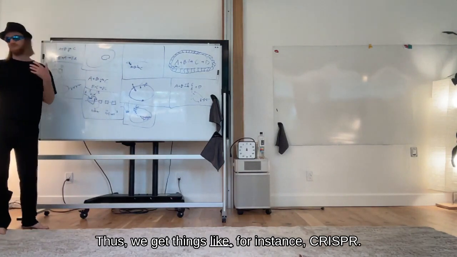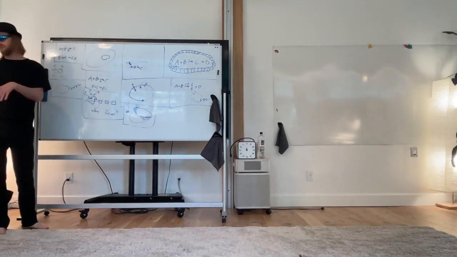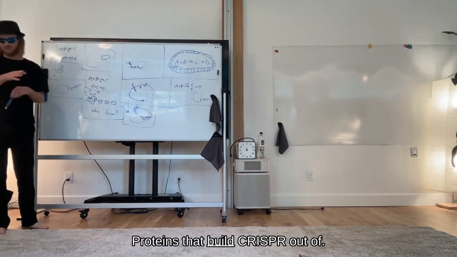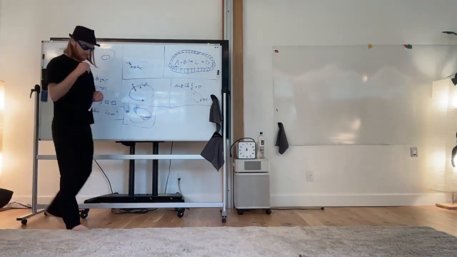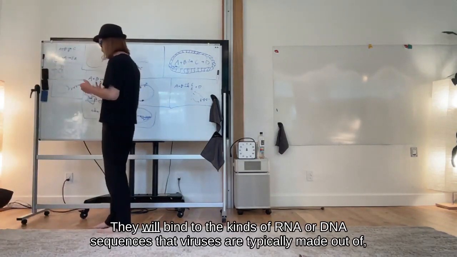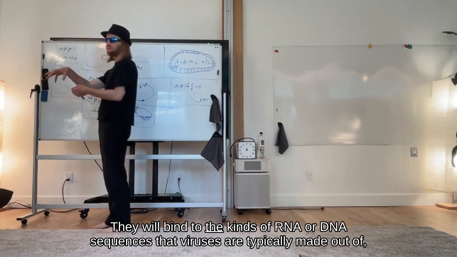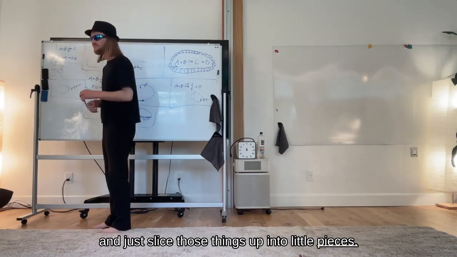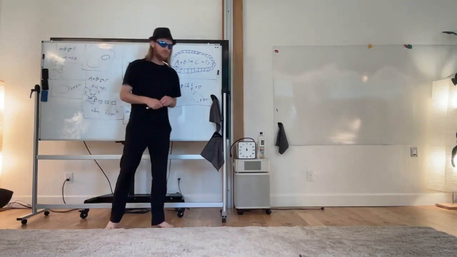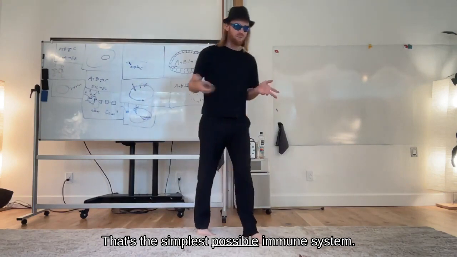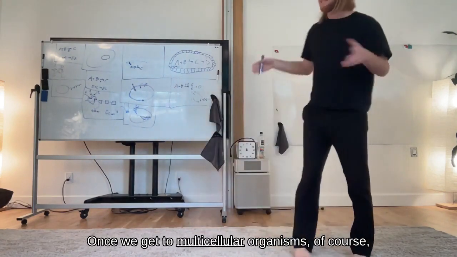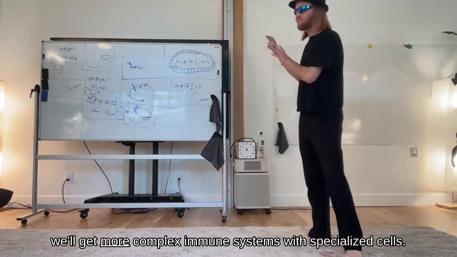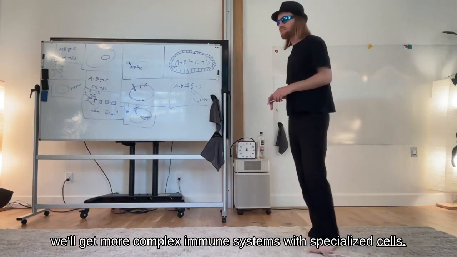Thus we get things like, for instance, CRISPR, the proteins that people built CRISPR out of, that will bind to the kinds of RNA or DNA sequences that viruses are typically made out of, and just slice those things up into little pieces. That's your sort of simplest possible immune system. Once we get to multicellular organisms, of course, we've got more complex immune systems with specialized cells.